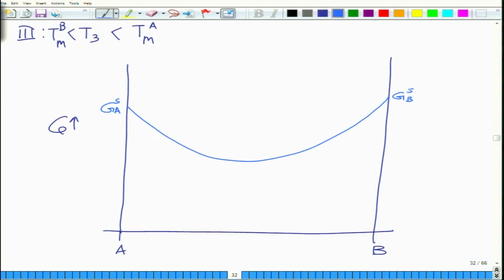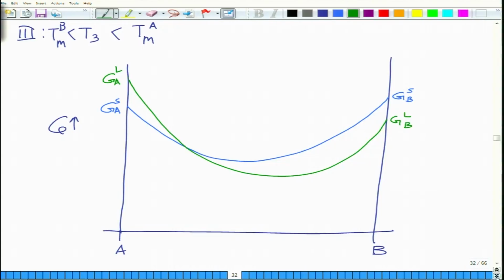The solid free energy now has to be lower than the liquid free energy for A. So the other free energy curve will start at this point and cross over this curve somewhere here, such that GBL is lower than GBS, but GAL is higher than GAS. You can see that in a certain region your solid free energy is lower than that of liquid, whereas in the other parts your liquid free energy is lower than the solid free energy.